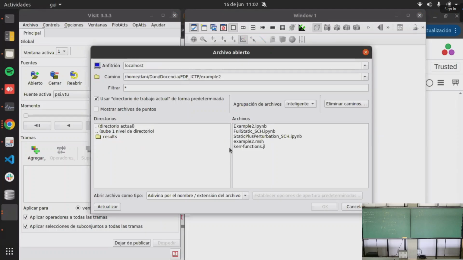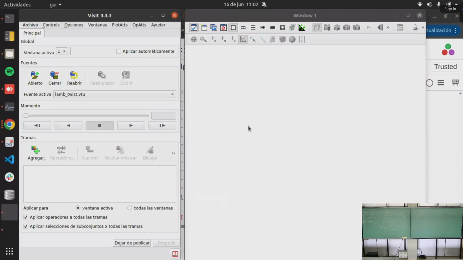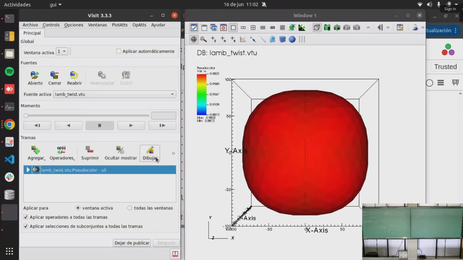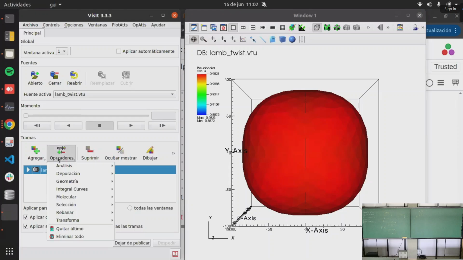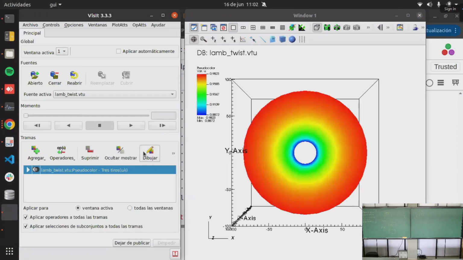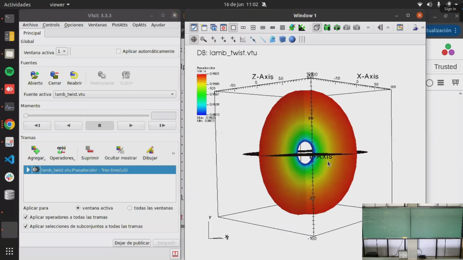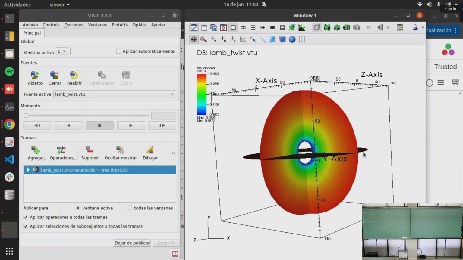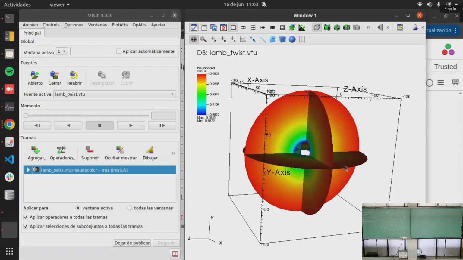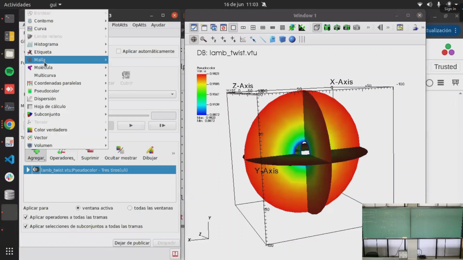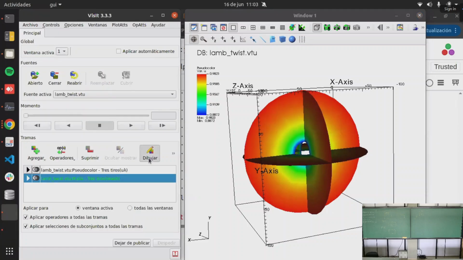Sample 2, results. We have all the mesh. I will show you a 3D slice. So here is our lambda solution, and the mesh is something like this.